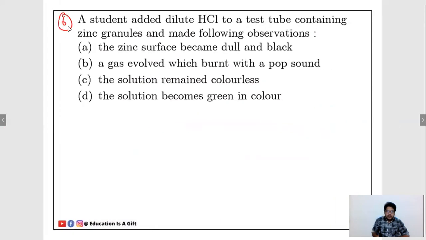Sixth question. A student added dilute HCl to a test tube containing zinc granules and made the following observations. So let us write an equation. Zn plus HCl gives rise to, we know the equation, ZnCl2 zinc chloride plus hydrogen gas H2, and you can represent it either with an arrow mark or G. G stands for gas.